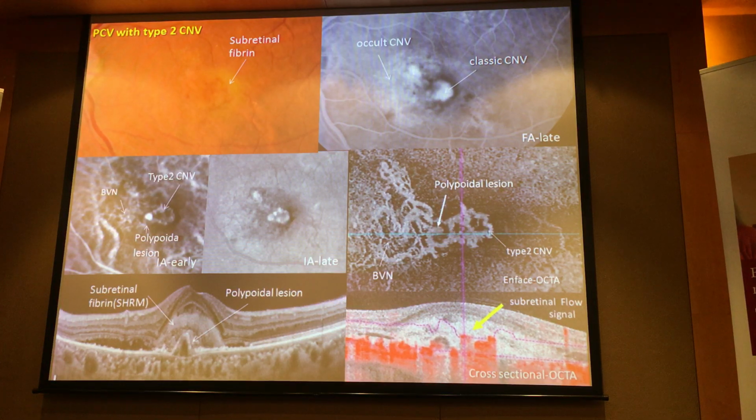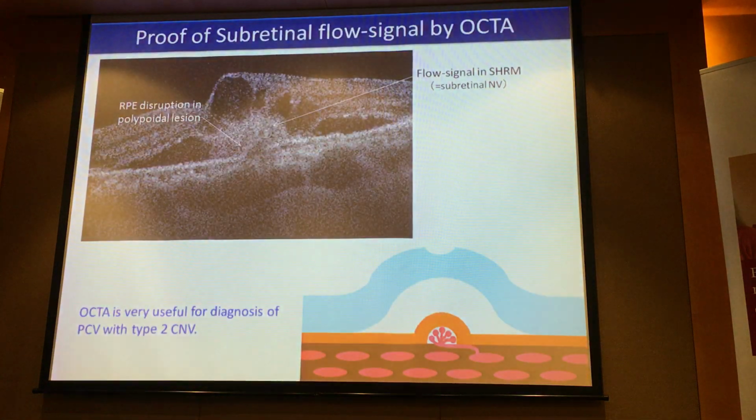You see a PVN as network vessels, and the type 2 CNV is a little bit thicker blood vessels, and in the cross-sectional OCTA, you can see a subretinal flow signal. This is how to tell type 2 CNV from the PCV.